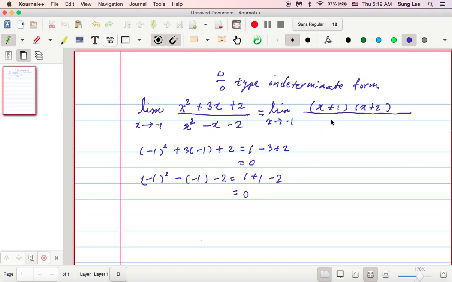The second one is factored into x minus 2 times x plus 1. So you see that the numerator and the denominator have a common factor, which is x plus 1, right? This is the factor that makes both the numerator and the denominator equal to 0 when you plug in x equals -1.